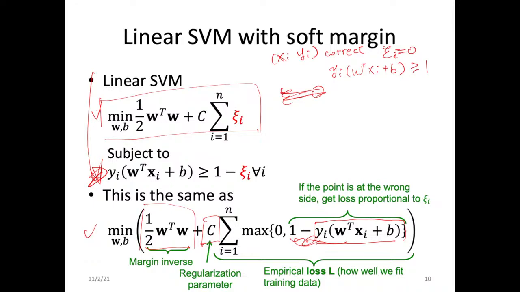And that also means this part would be smaller or equal to 1. And max of these two things will be 0. Right? So that means if this data instance is correctly predicted, we don't have empirical loss.